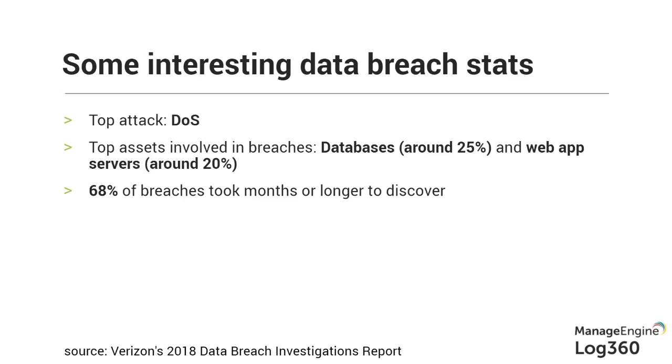And the top assets involved in data breaches: number one was databases, and number four was web application servers. Around 25% of attacks targeted databases, and about 20% targeted web servers. So think about this: 45%, nearly half of all the attacks carried out last year, targeted your databases and web servers.